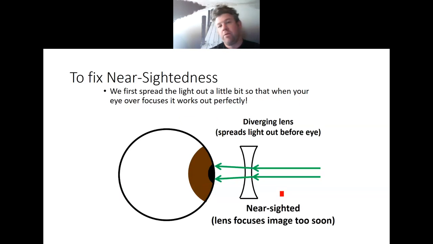Those of you who've ever been to the optometrist and they go 1 or 2, 3 or 4, 5 or 6, 7 or 8, you know the joy and pain of running through this thing, right? They were trying to find the right diverging lens for me so that I could see near and I could also still see really, really far away. So what it does is it basically spreads it out and adjusts it, all right?